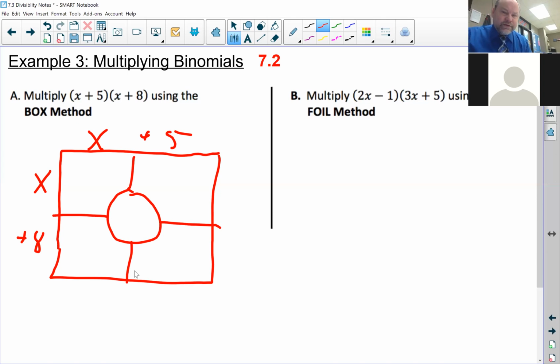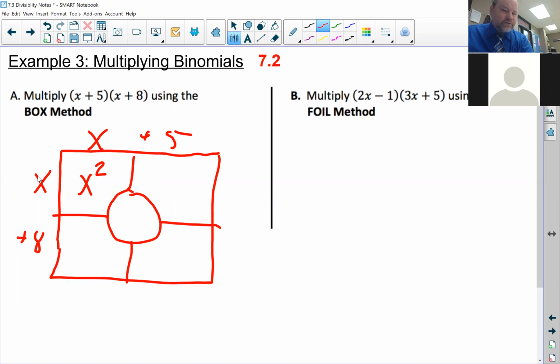Multiplying x times x, we get x squared.